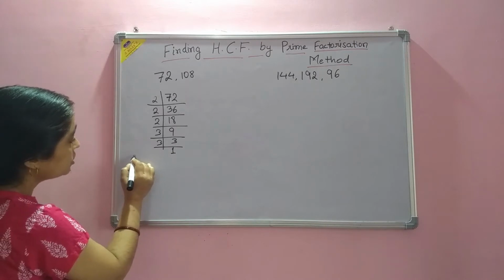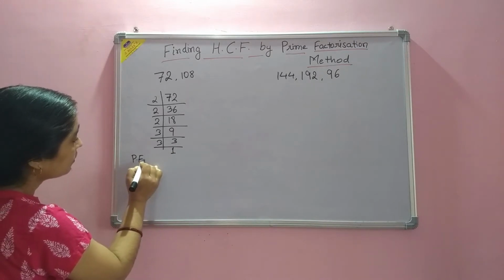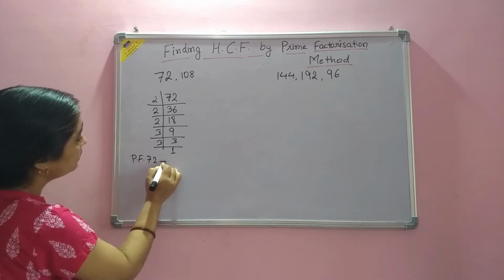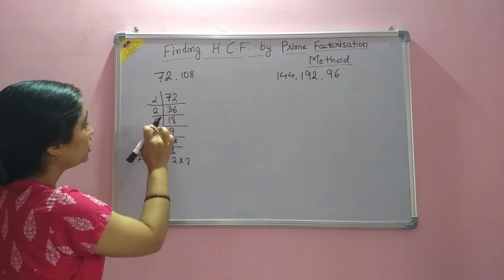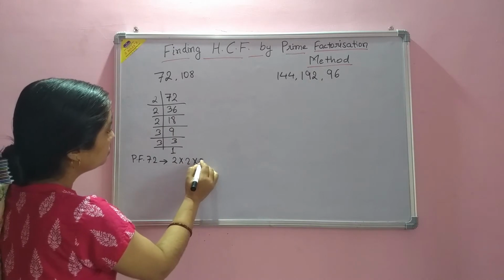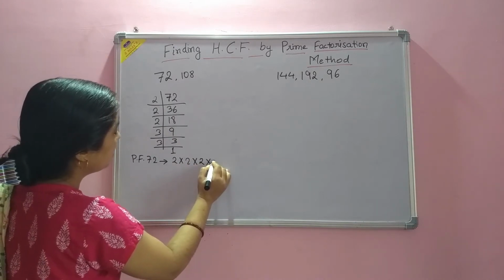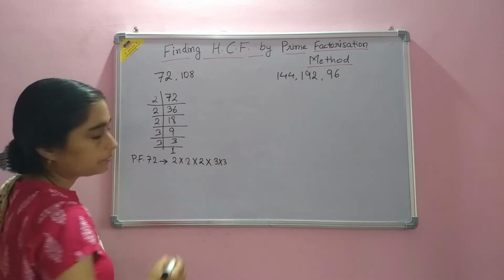Therefore, prime factorization of 72 is 2 times 2 times 2 times 3 times 3.